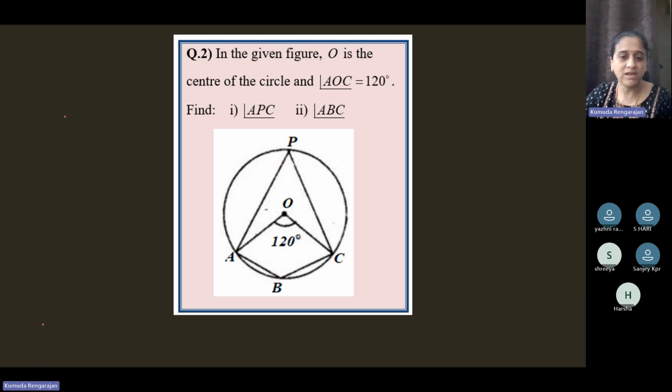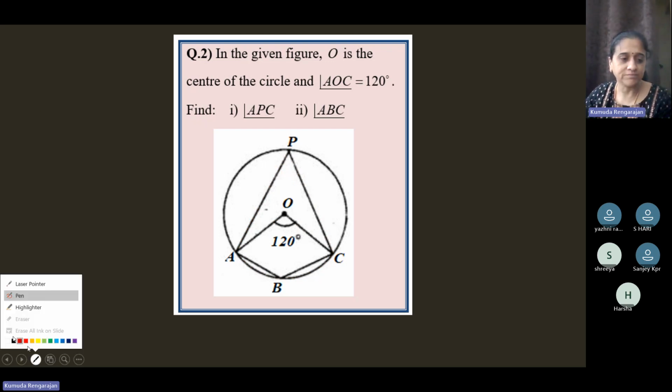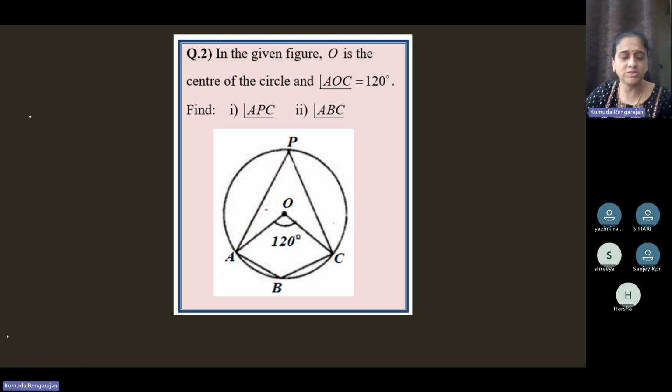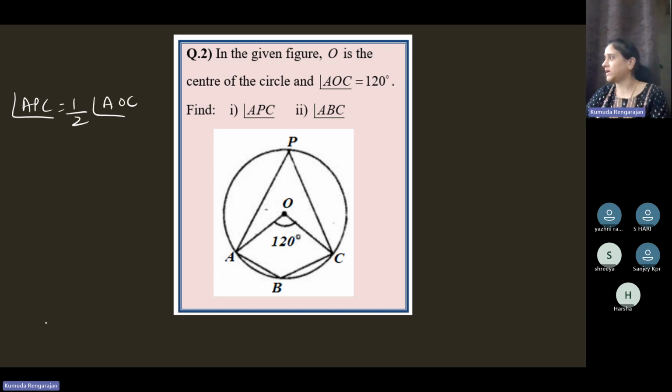So how do you present that? You must write the relation between the two angles. You can directly write angle APC is equal to half of angle AOC. So half of 120 degrees, which is 60 degrees.